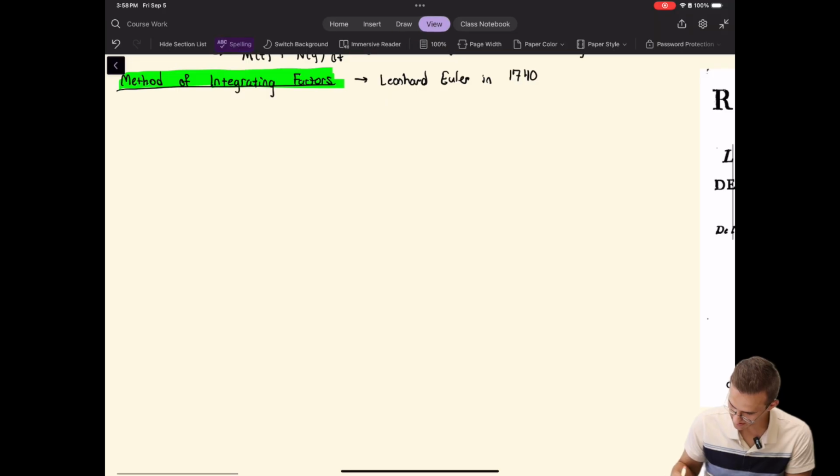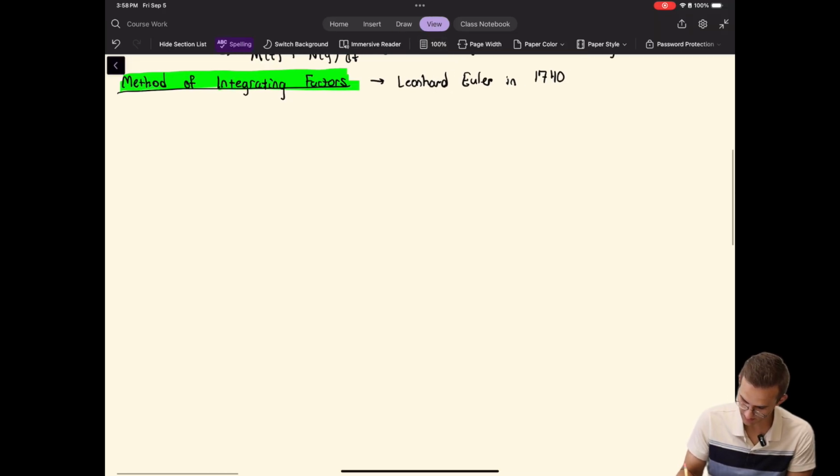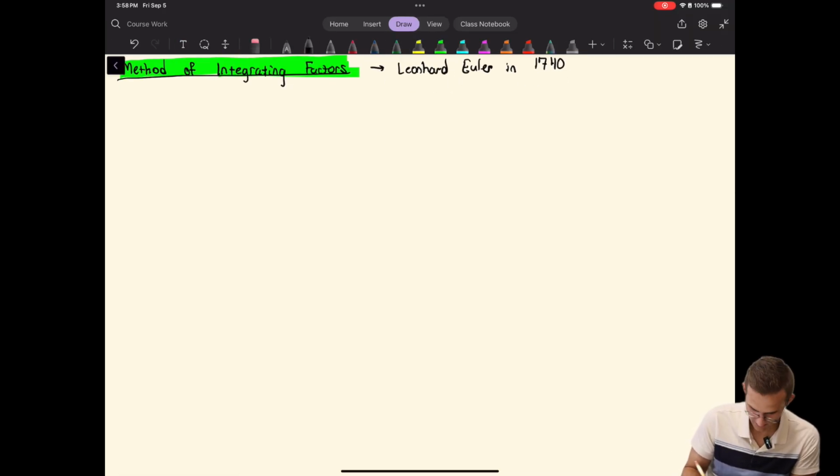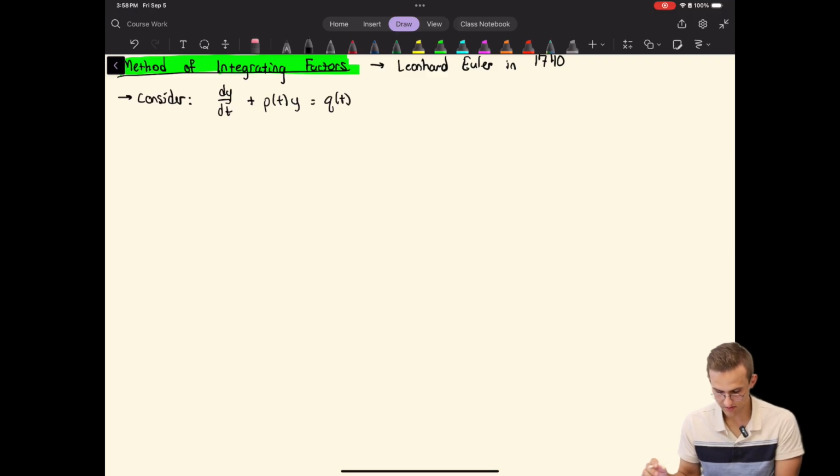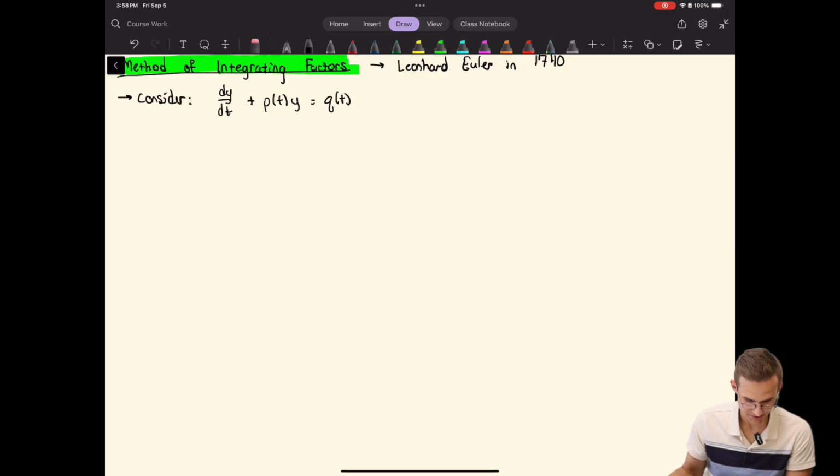Let's make sure we get everything right here. So let's consider the following equation, where we have dy/dt plus p(t) times y equal to q(t). So a first order linear differential equation. And it's non-homogeneous as well.